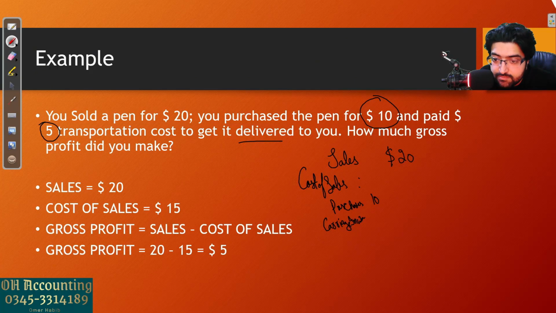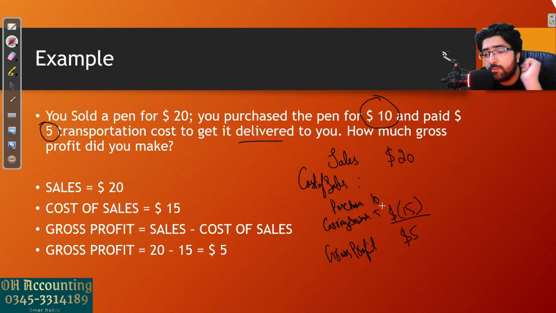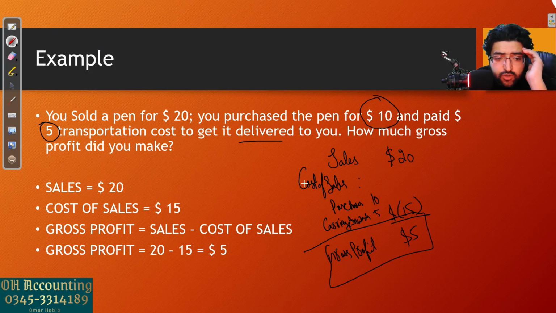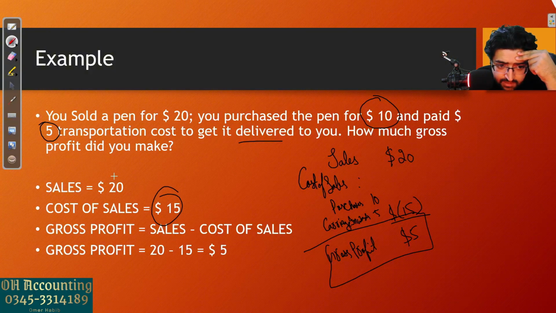Remember the term. 5. So our total cost of sales would be $15. You subtract 15 out of 20, you will get $5 as the gross profit. So I have shown you how to simply use the format to calculate gross profit. This is what we normally do as well. So cost of sales 15, sales 20, 20 minus 15 gives us the gross profit.